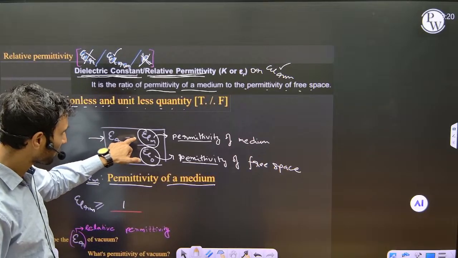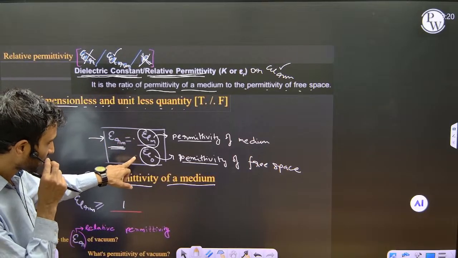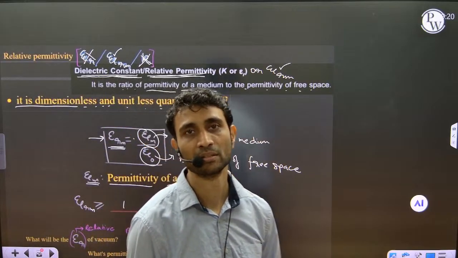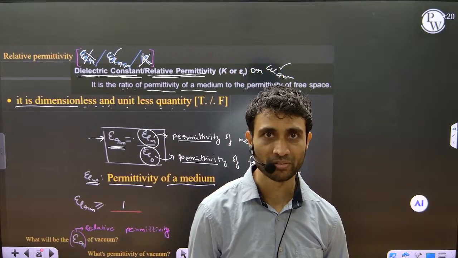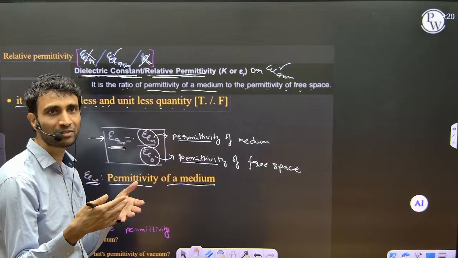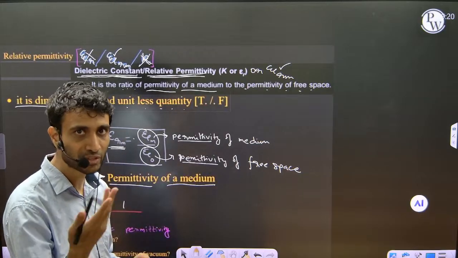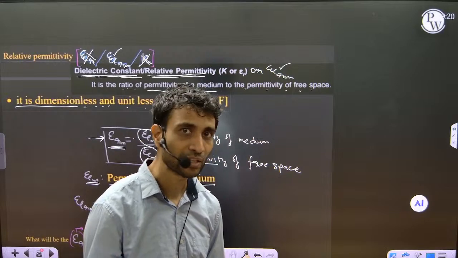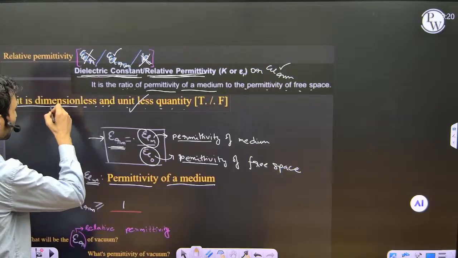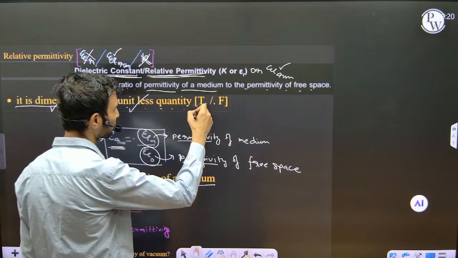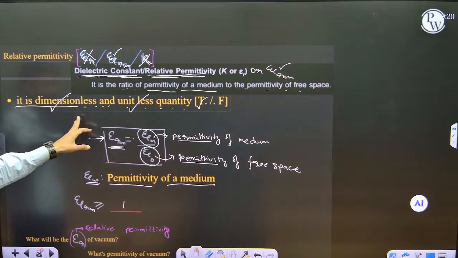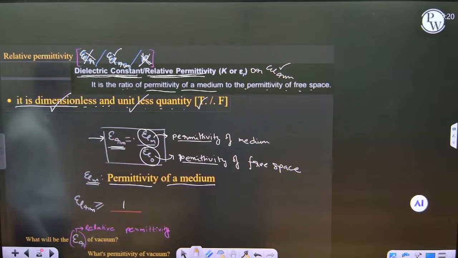This is the permittivity of the medium, this is the permittivity of free space. But after all, both are permittivities, right? So when you divide one permittivity by the other, the units will get cancelled, and there will be no unit left. So yes, it is unitless, and since there is no unit, it is also dimensionless. So it is true that it is a dimensionless and unitless quantity.